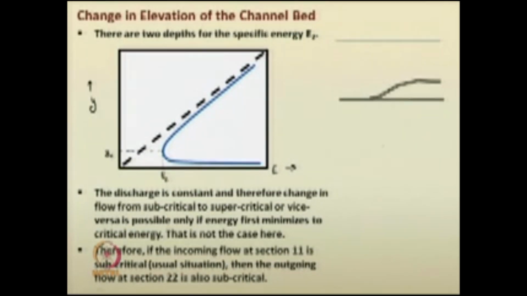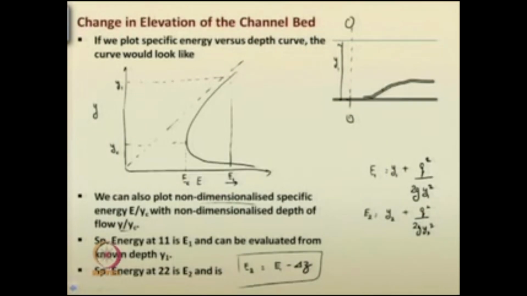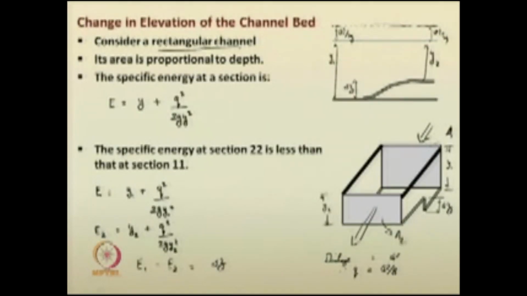Say this is a rectangular channel of width b. You can just see the previous case also. Here the width is same at the upstream as well as the downstream section. So, only the depth of flow is getting changed.